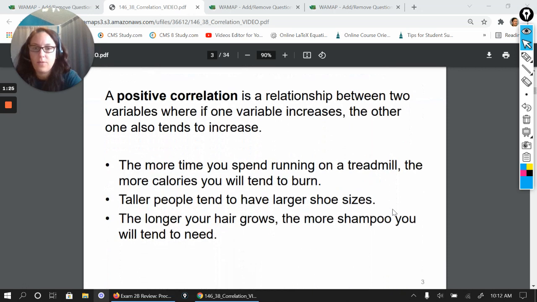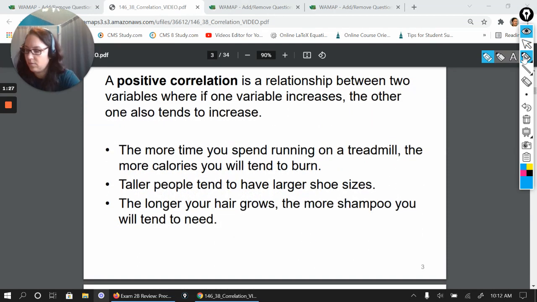A positive correlation is a relationship between two variables where, as one variable increases, the other also tends to increase. The more time you spend running on a treadmill, the more calories you will tend to burn. So we use this word tend a lot with the description of this.